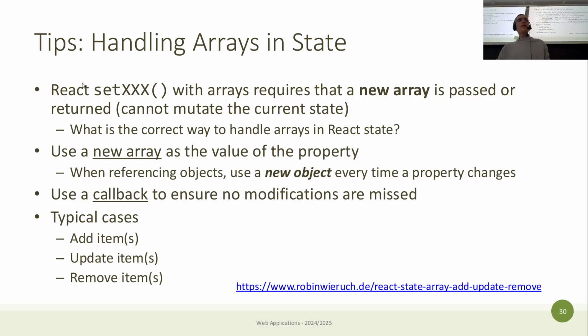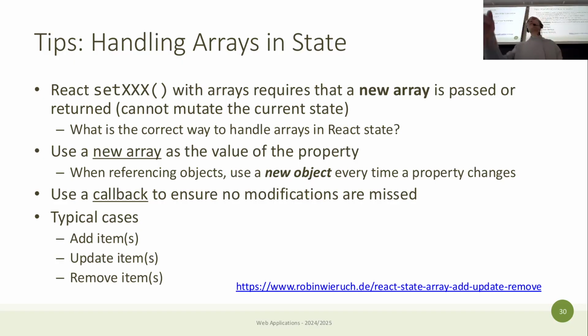Well, the set state functions in React have a small requirement, but a very important one we need to follow. Every time you set something as a state, if you want to trigger the re-render of React, it needs to have a value which is different from the previous value. Okay?